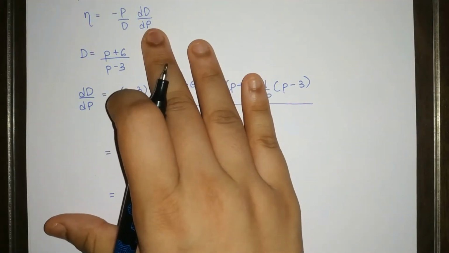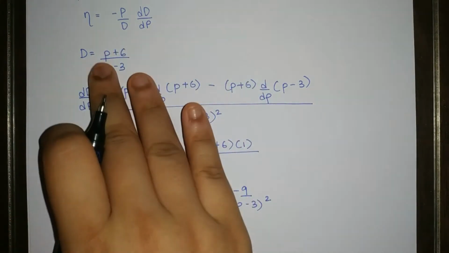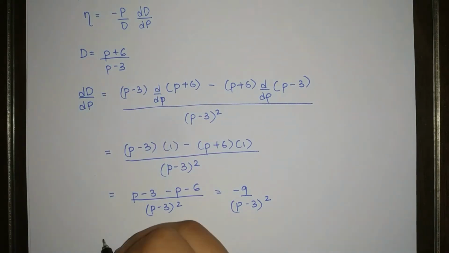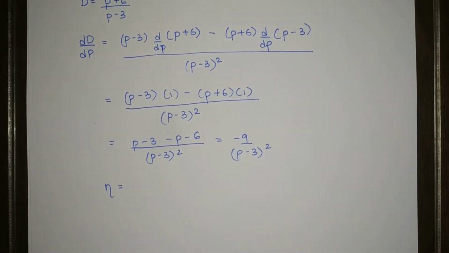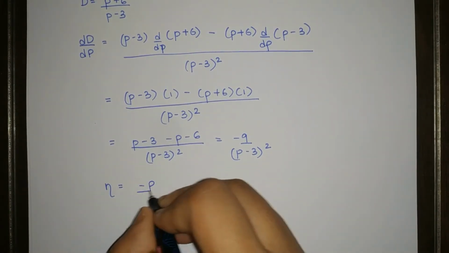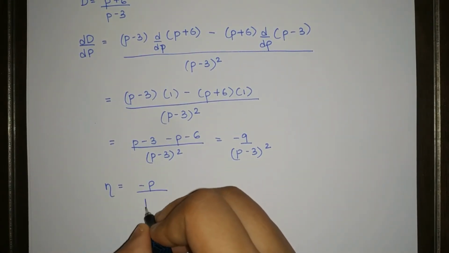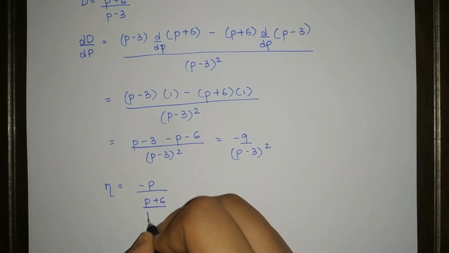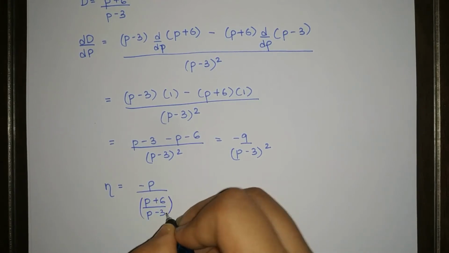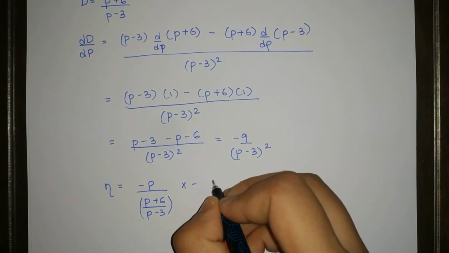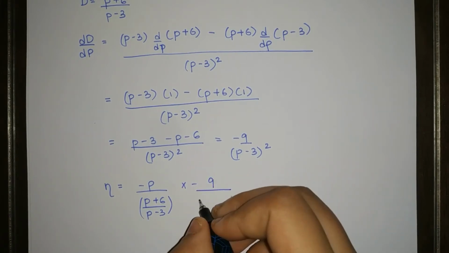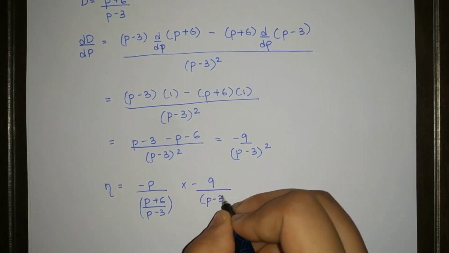Now let us substitute this here, and in place of D we will also put this. Therefore we get that eta is equal to minus P divided by, in place of D, P plus 6 divided by P minus 3, and here we will have minus 9 divided by P minus 3 the whole square.